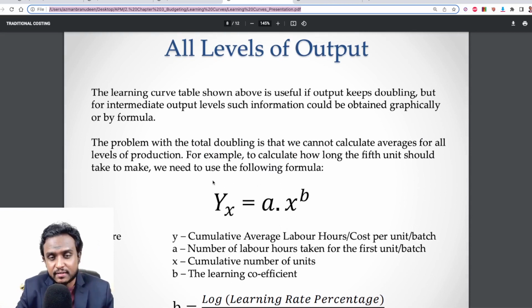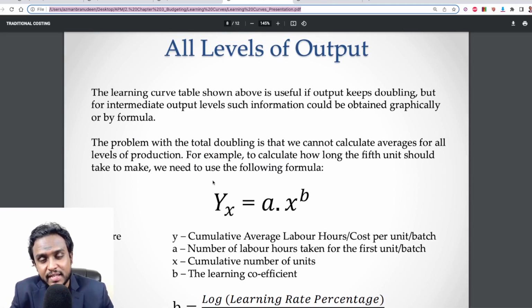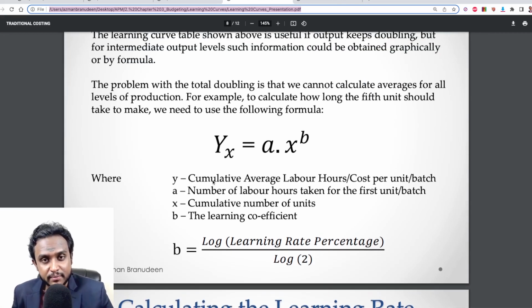The formula is y = ax^b. It's not a + bx or anything like that. Y = ax^b, where y is the cumulative average labor hours, a is the number of labor hours taken for the first unit or batch, x is the cumulative number of units, and b is the learning coefficient, which is taken from the logarithm tables. b is equal to log of 0.9, or 0.8, or whatever learning rate you apply, divided by log 2.